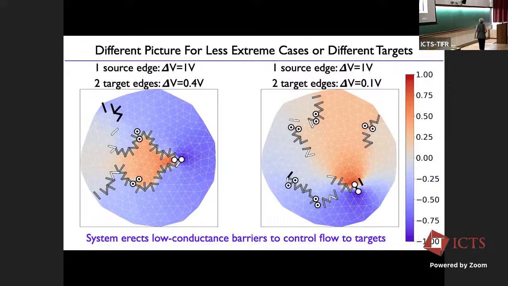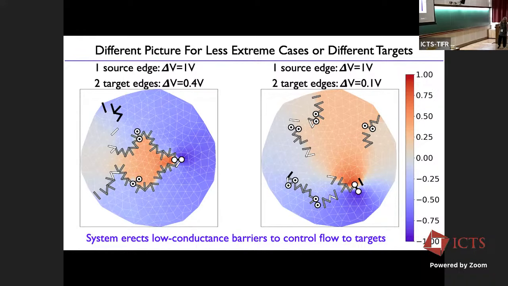Okay. So, and we see this is a different case where I have one source edge and I have five target edges, okay? This time tuned to 0.1 of the source, or no, it's not 2 target edges. This is 5, I can't count, 5 target edges, okay? Oh, I see.